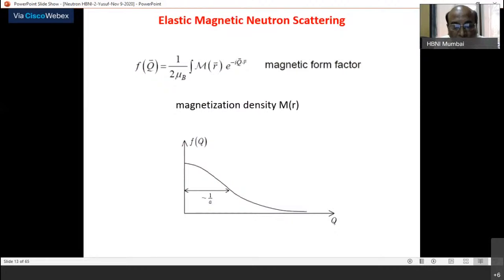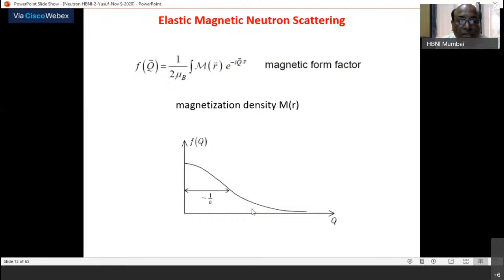That means the orbital where there is non-zero magnetic moment. So the real space magnetization density distribution, the Fourier transformation of that, gives you the f of q in the case of magnetic neutron scattering.